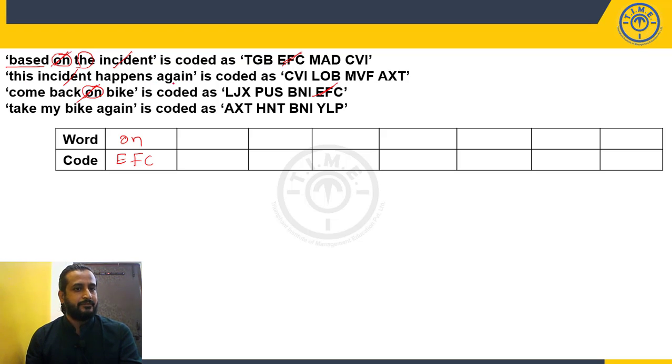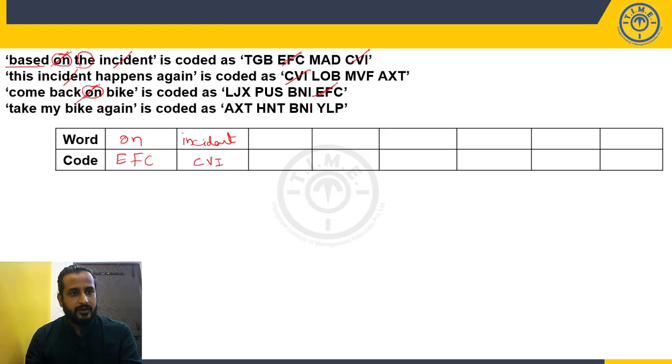This happens again. So we have only incident as common. What is the only common code in these two? TGB not available. CVI, yes, CVI. So in statement 1 and statement 2, the only word which is common is incident, and the only code which is common is CVI. So the code for incident is CVI.